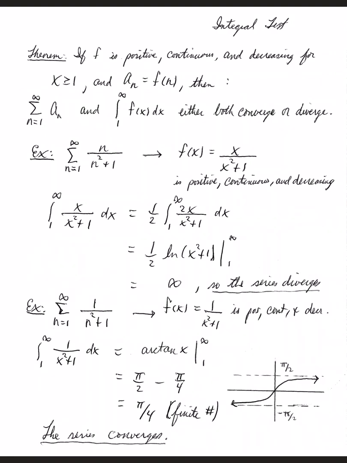Using this as an example, suppose you're asked to decide whether or not this infinite series converges or diverges. If we rewrite the a sub n part as a function of x, we write that as x over x squared plus 1.